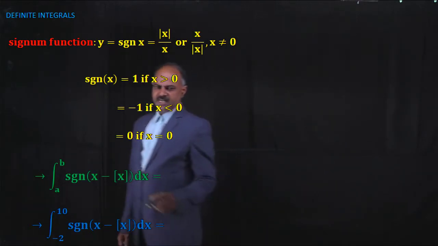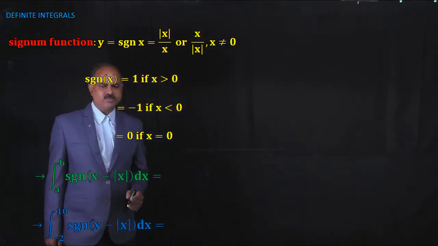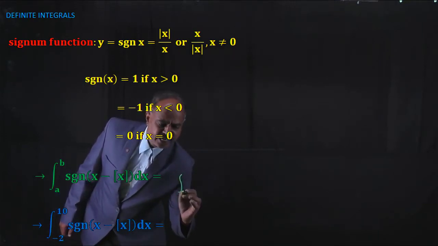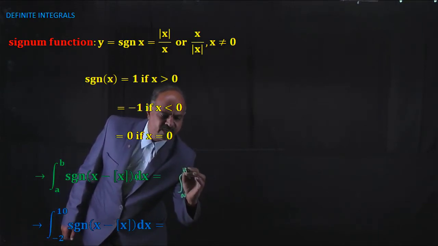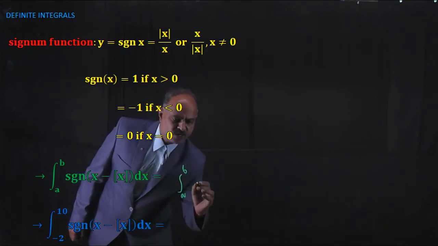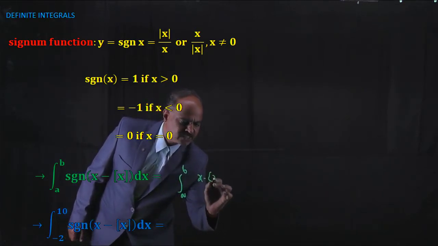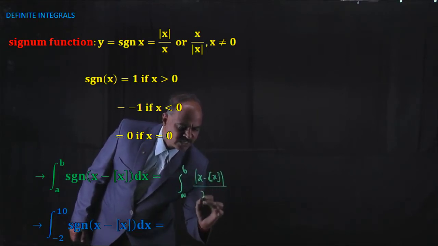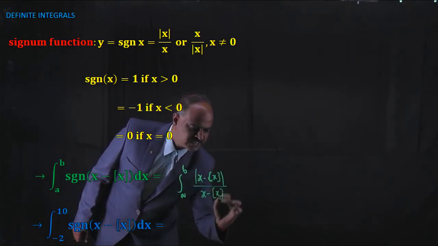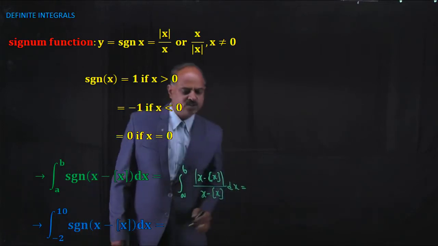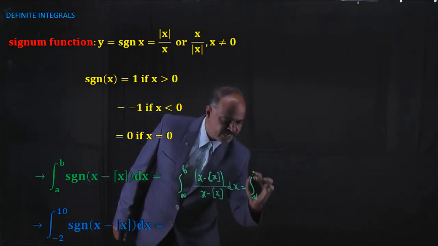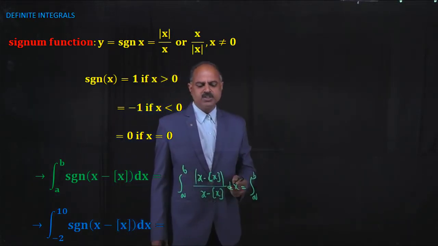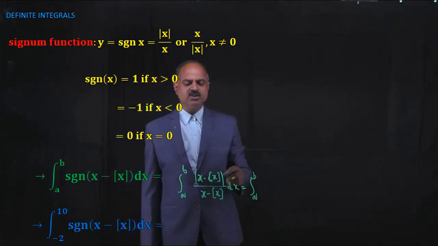So integral a to b sgn of (x minus [x]) dx equals integral a to b, sgn of (x minus [x]) equal to modulus of (x minus [x]) by (x minus [x]) dx. Here x minus [x] is positive, so remove the modulus with the positive sign.